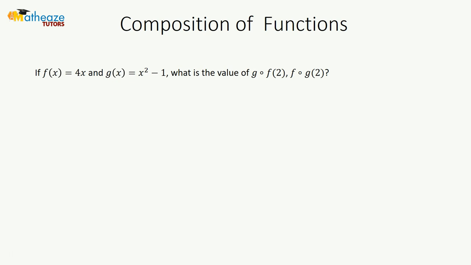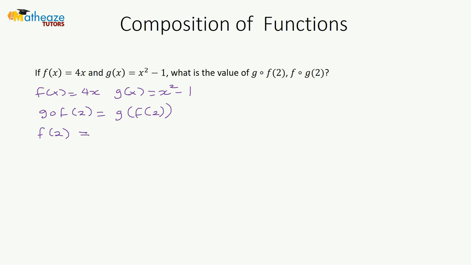Now finally, f of x equal to 4x, g of x equal to x squared minus 1. g of f of 2 is g of f of 2, which means that we're going to look for f of 2 first, and then we use it as an input to the g of x function.